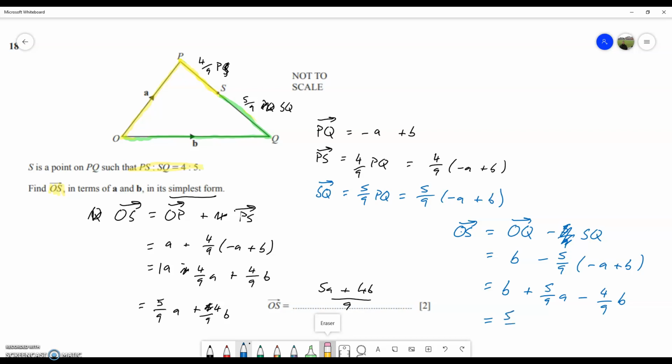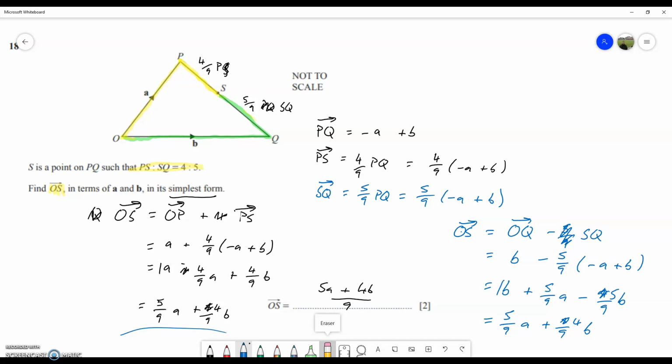We end up with 5/9 A plus 1B, take away 4/9 gives us 5/9. Whoops, that should be a 5. That means that's a 4. 4/9 B, which is the same as what we got for our answer there.